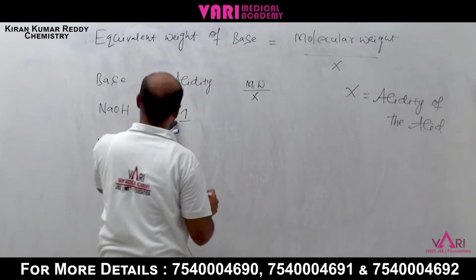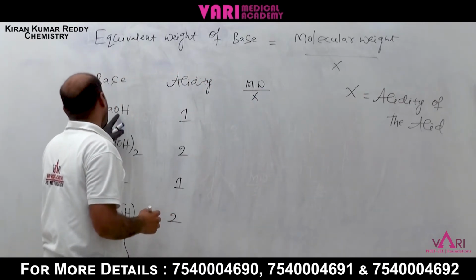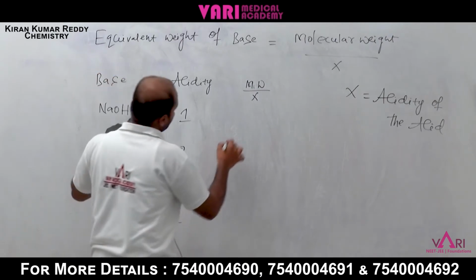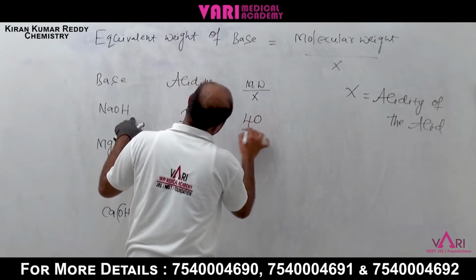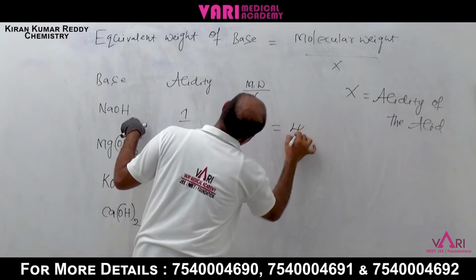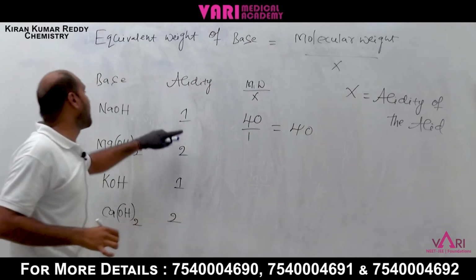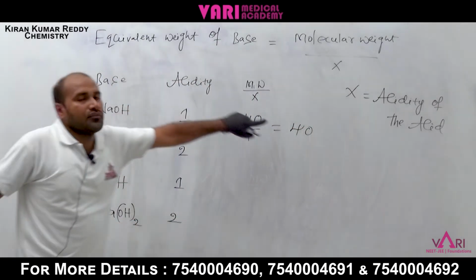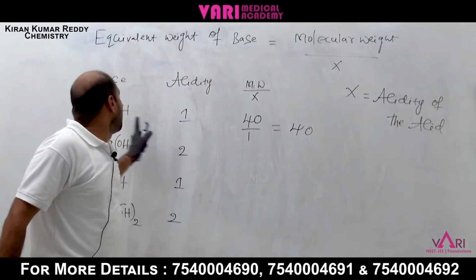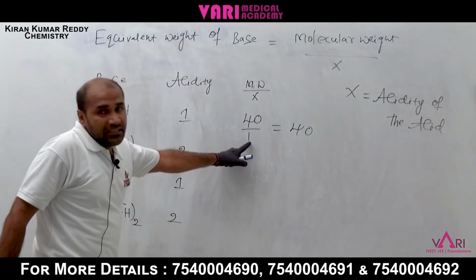Here NaOH: sodium is 23, oxygen is 16, hydrogen 1, that is equal to 40, so the molecular weight is 40. What is the gram equivalent weight of sodium hydroxide? 40, because acidity is 1, so 1 gram equivalent.